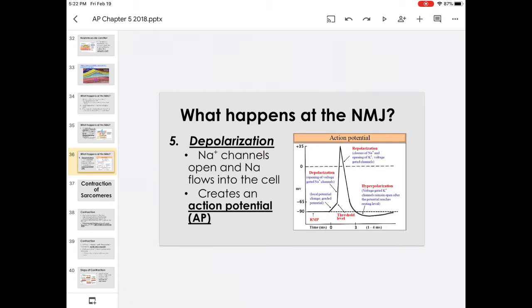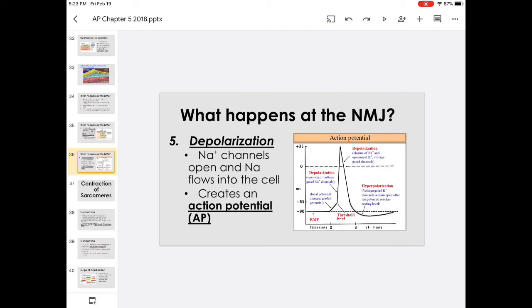So depolarization is also what triggers the opening of an excess amount of sodium channels, only sodium channels though. And so when you have all of these sodium channels opening, allowing sodium ions to come in, now you have a bunch of positive ions coming into the muscle cell.